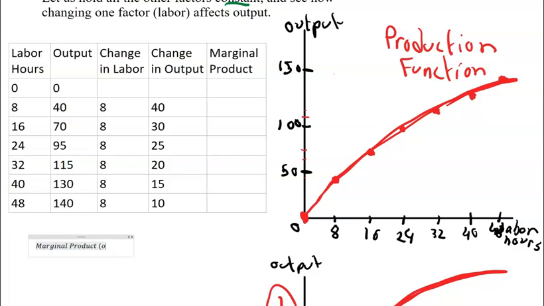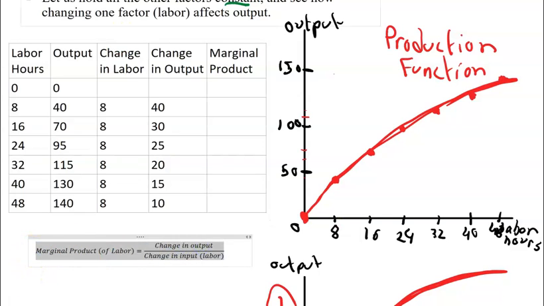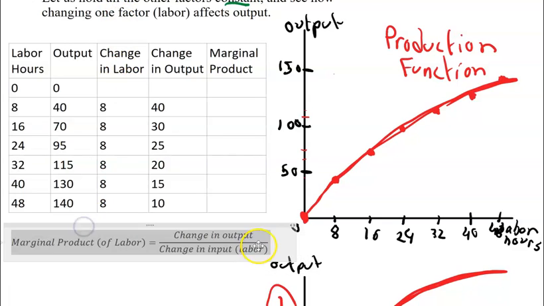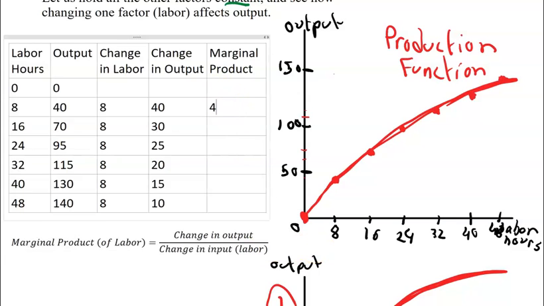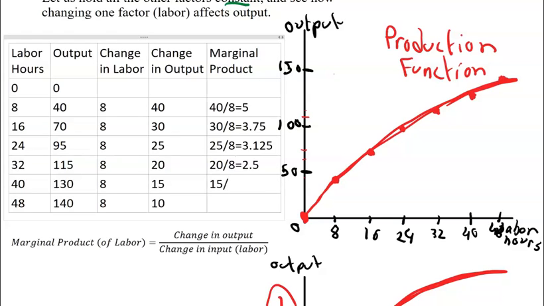Marginal product of labor, since we're just looking at labor, equals change in output divided by change in input. We already calculated the changes, so now we just need to find the marginal product, which is 40 divided by 8, which is 5. 30 divided by 8 is 3.75. Then 25 divided by 8, 20 divided by 8, 15 divided by 8, and 10 divided by 8.